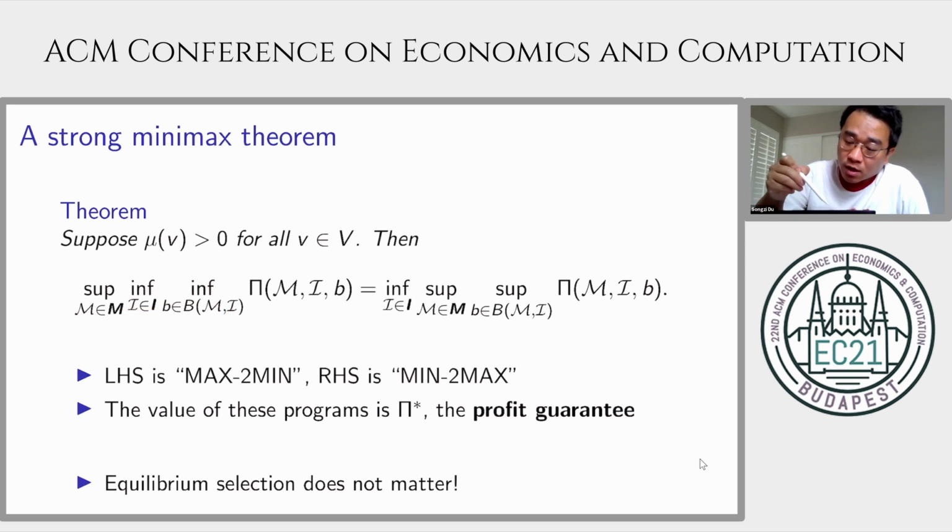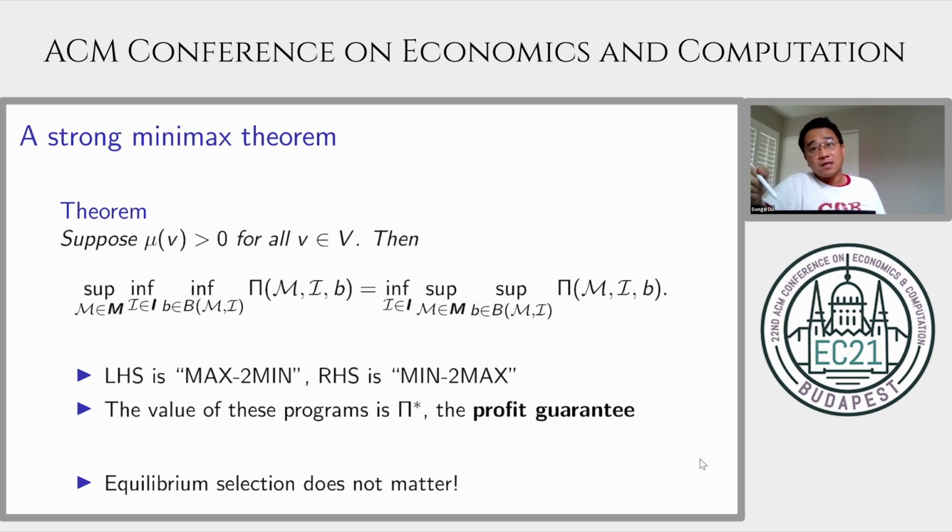So we call this left-hand side max-min to emphasize that there are two minimizations going on here, minimization over information as well as equilibrium.